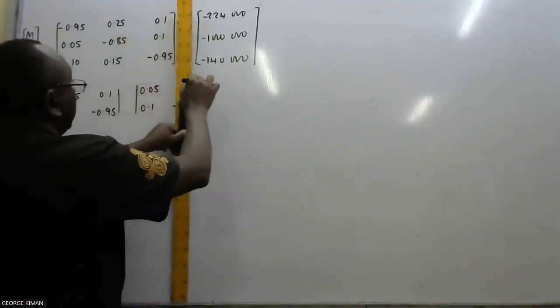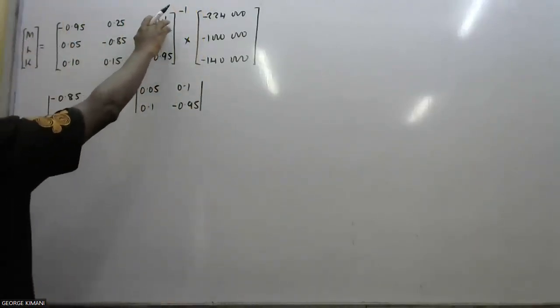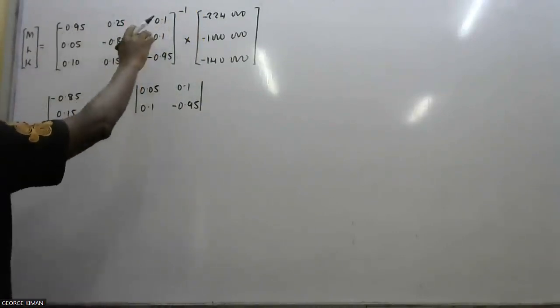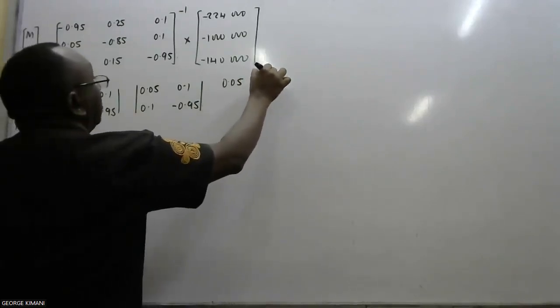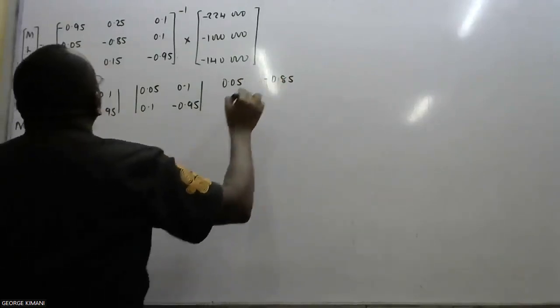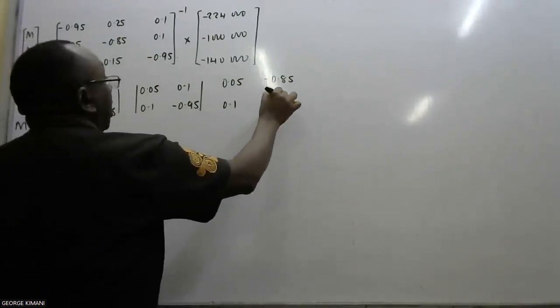Ndio tunaachiwa. Tukifika hii ya mwisho tunafunga third column, first row, ndio tuachiwe 0.05, minus 0.85, 0.1 and 0.15.